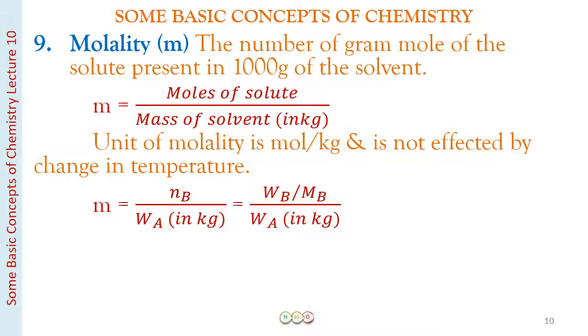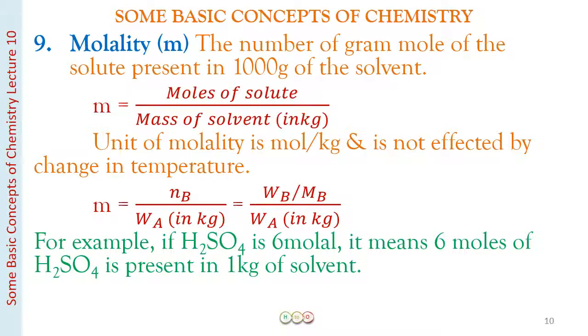This can again be represented as NB, the moles of the solute, divided by the weight of the solvent in kilograms. Moles of the solute, again you can write weight of the solute divided by molecular weight of the solute, divided by mass of the solvent in kilograms.